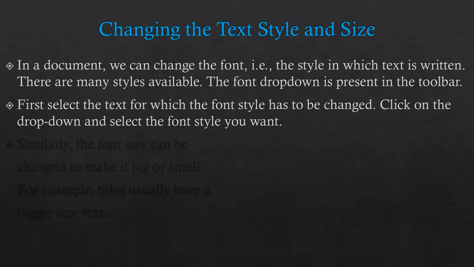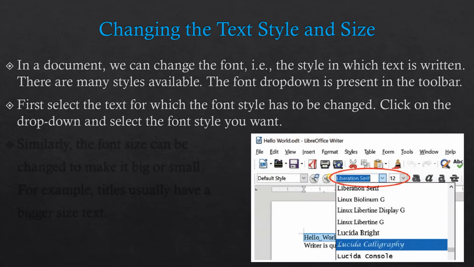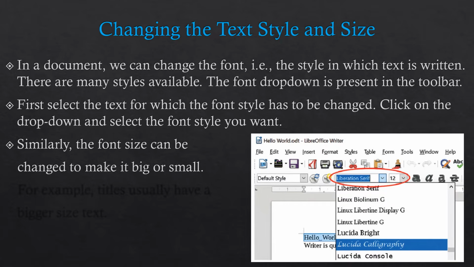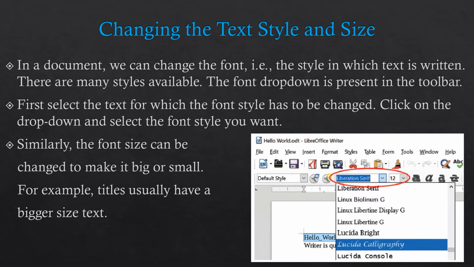You can choose any one from the font drop down, and you can also change the text size, meaning the font size. You can make it bigger or smaller as per your convenience. For example, if you want to write a title, you may want it to be bigger than the rest of the text, so you can make the font size big.